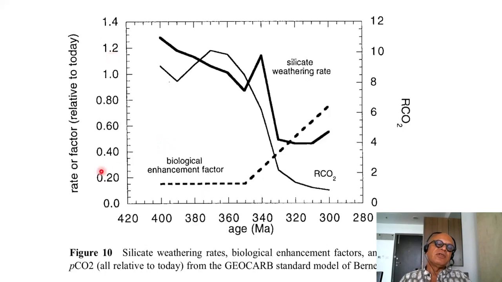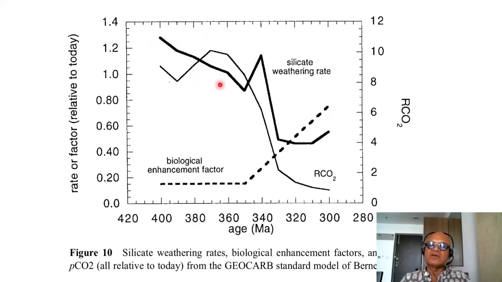So looking at a rate factor relative to today, again, the Berner model tries to estimate CO2 changes along the way relative to present levels, and you can see that there is high carbon relative to today and high weathering rates. There could be temperature feedbacks, rainfall feedbacks, and tectonic feedbacks.